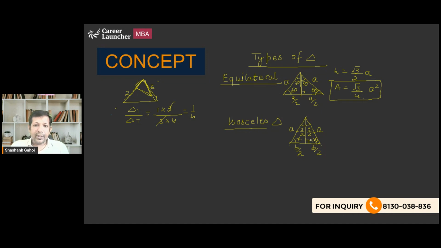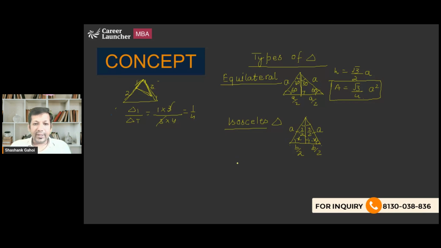But if you draw the perpendicular from here, it won't bisect the base and it won't bisect the angle. So remember this, there is a difference. In an isosceles triangle, it bisects the base and bisects the angle only if you draw the perpendicular on the unequal side. But if you draw the perpendicular on one of the equal sides, neither the angle will be bisected, nor the base.